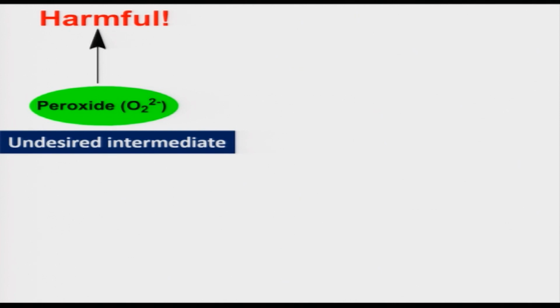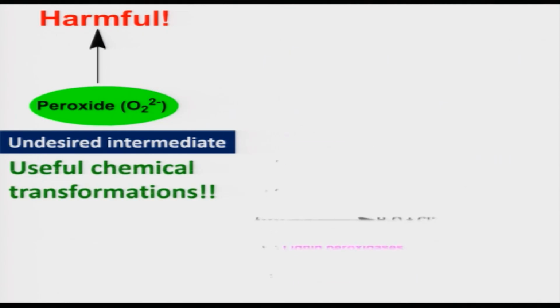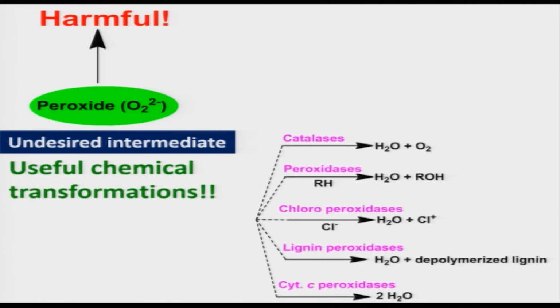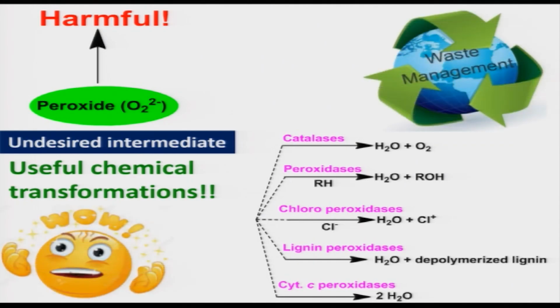Indeed, this peroxide, which is an undesired intermediate and also very harmful for our body, converts to very useful products by several enzymes like catalase, peroxidase, cytochrome C peroxidase, lignin peroxidase, chloroperoxidase. All these products formed out of those catalyses are very, very crucial for our life. And now you see, what could be a better waste management than this?